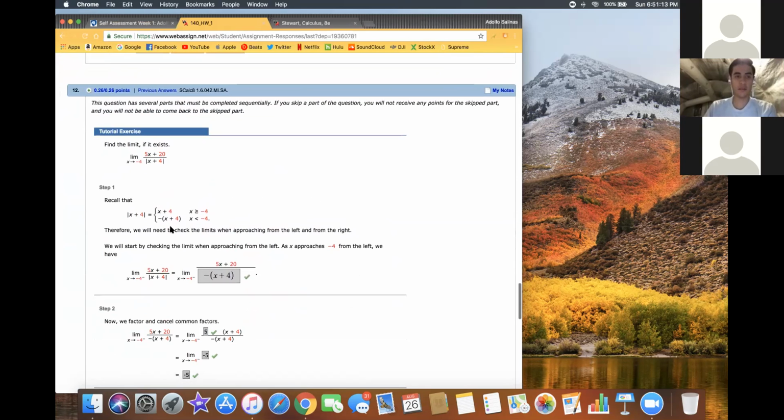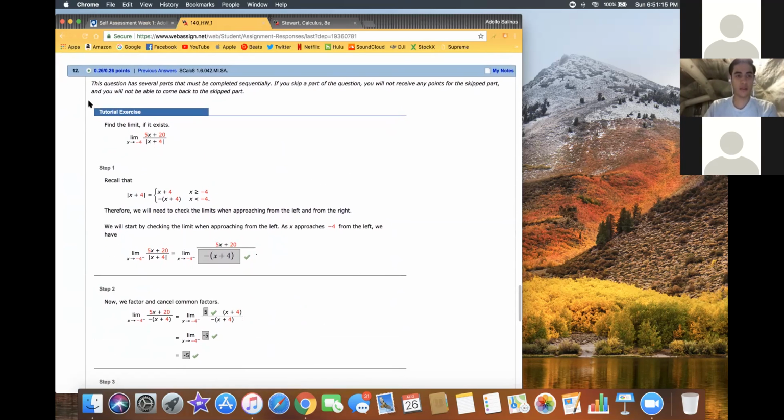Go back up. This is the tutorial for number 12, yeah? Yes. I'm writing down this problem. That's what I was trying to say earlier. See how it splits into a piecewise function, where if it's approaching from the right, it's x plus 5, and if it's approaching from the left, it's negative x plus something.